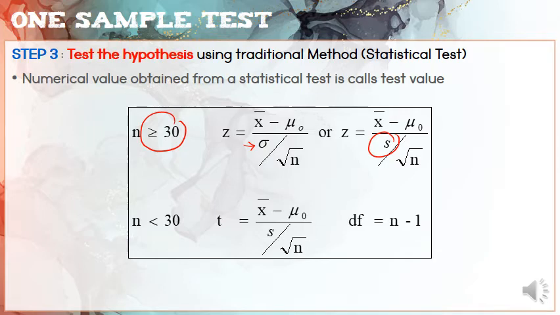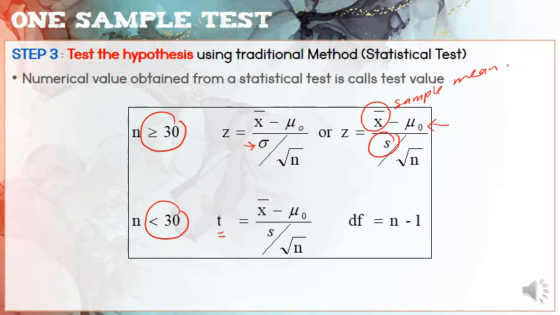Tetapi jika dalam soalan dia tak bagi tahu your population variance or standard deviation, kita estimate menggunakan S. Okay. So, X bar here is your sample mean. And mu naught ini adalah your hypothesized mean. Okay. Tetapi jika you ada sampel yang kecil, lebih kecil daripada 30, kita pakai T. Okay, but yang lain-lain semua sama.